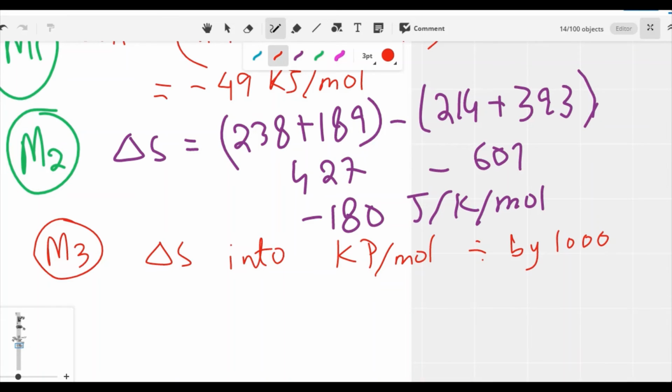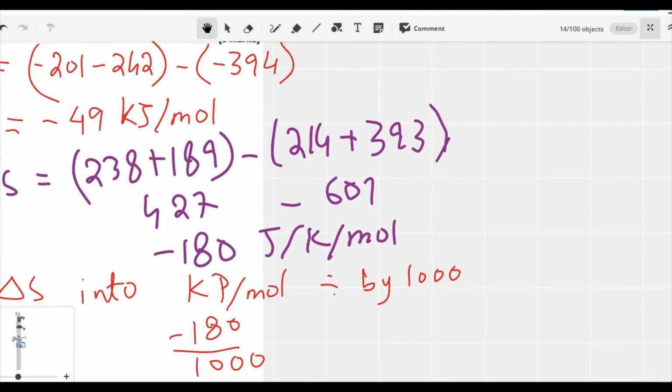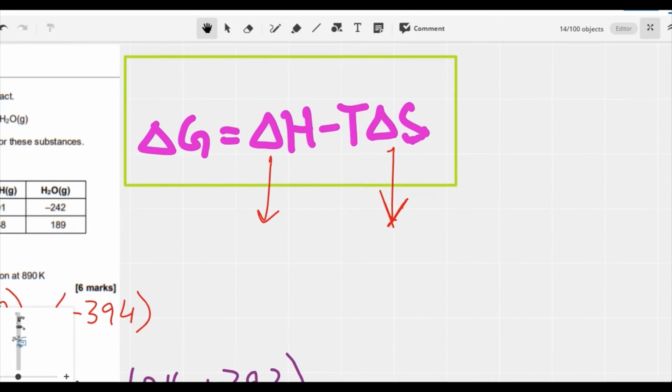Here you can write minus 180 divided by 1000, so that equals 0.18. Now you can put it here, that is 0.18 in minus, so minus and minus will be plus.